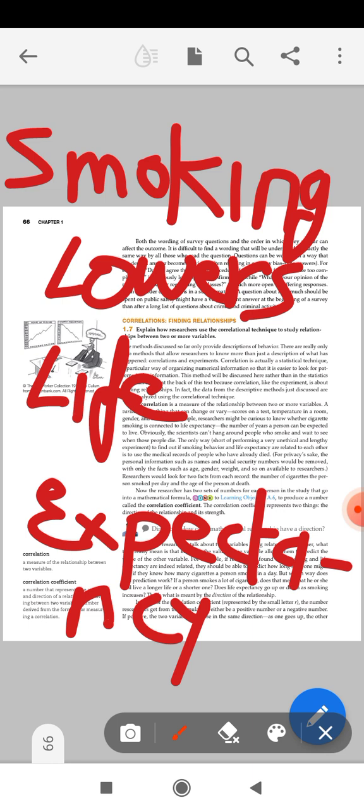Maybe if someone smokes more, the life expectancy will be less, and if someone smokes less, his life expectancy will be more. This is a common thinking, and we have to find whether it is true or not.